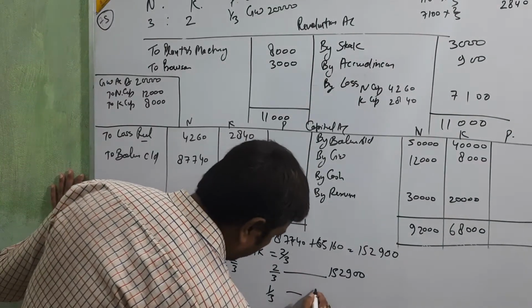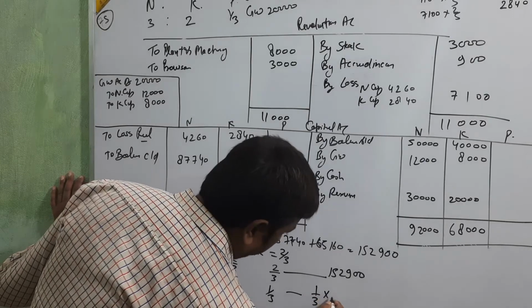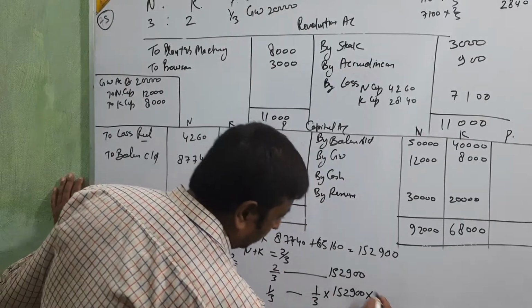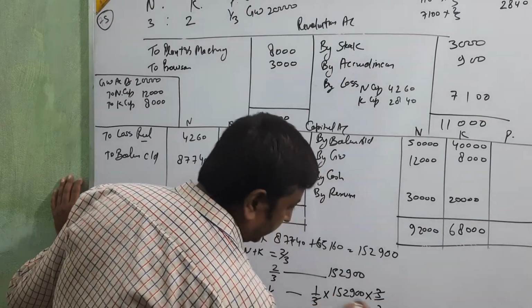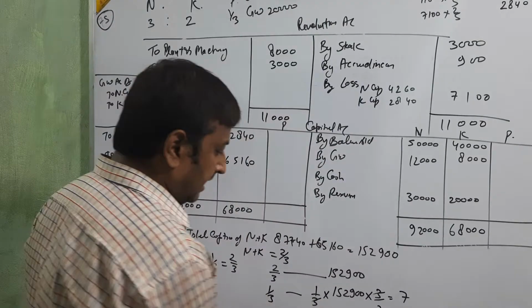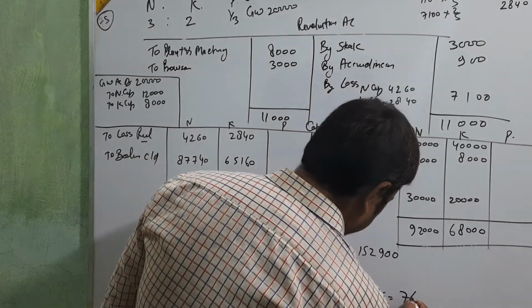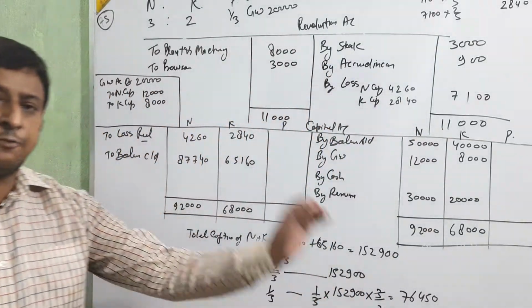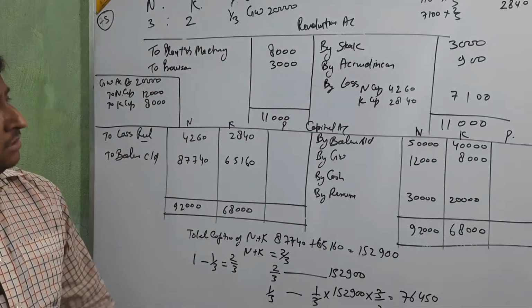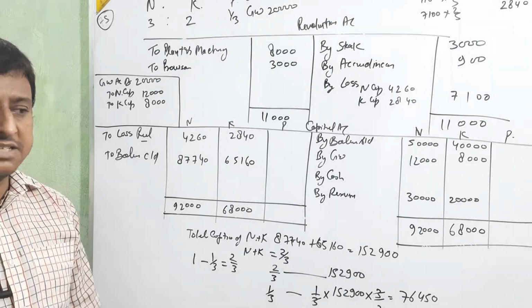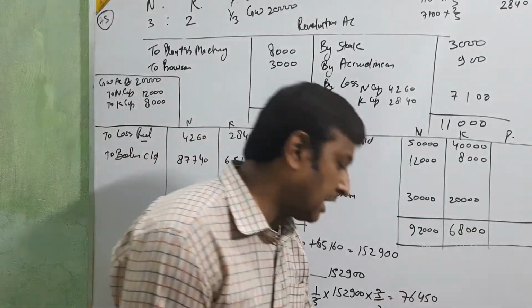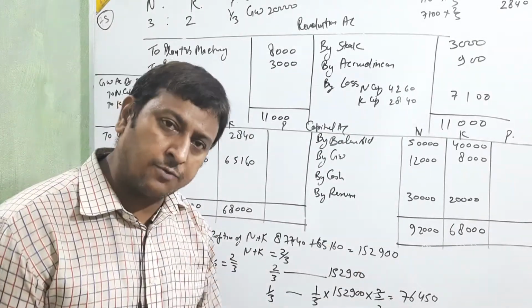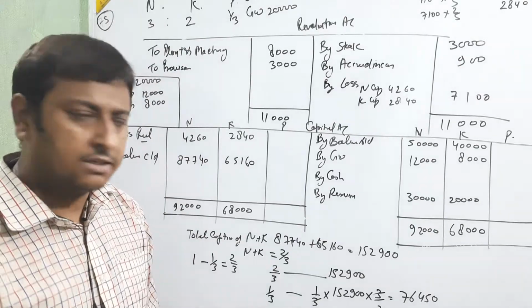Just calculate: 1/3 into 1,52,900 into the opposite, 3/2. Cut this. It comes to 76,450. Just see, Prem's capital is given in the answer as 76,450. Is it coming now, beta? 76,450. Just put it here.